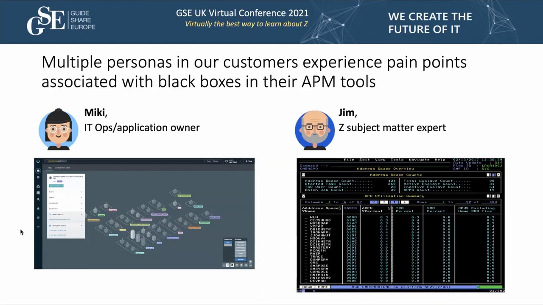On the mainframe side, which may be more familiar to most people on the call here, is our real mainframe subject matter expert. They're responsible for all or part of the mainframe infrastructure. They may specialize in key subsystems like IMS or CICS. And I'm showing Jim using an OMEGAMON screen here, maybe with a variety of other monitoring tools.